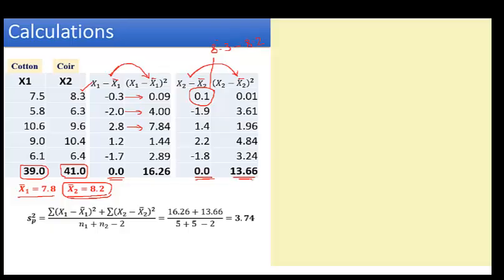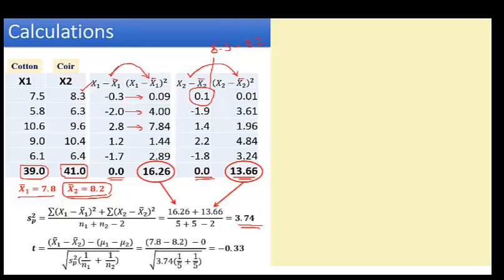By using these sums of squared deviations, we will now calculate the pooled variance. The pooled variance formula is written here, and the values 16.26 and 13.66 come in the numerator, and then n1 plus n2 minus 2 in the denominator, to get the pooled variance as 3.74. Now we will use this number in calculating the T pooled value.